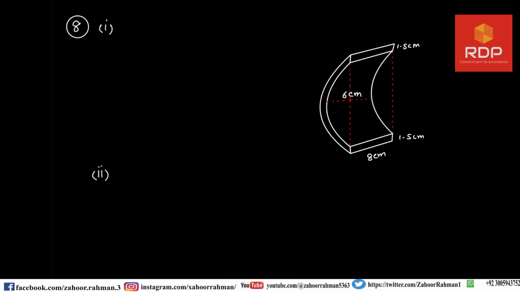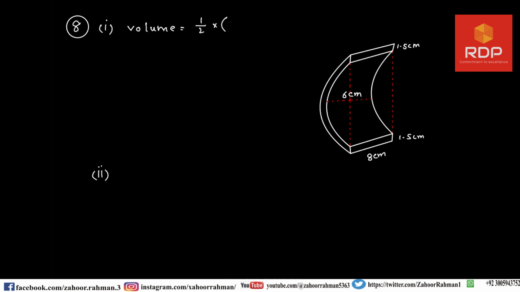Question number 8 is the final question, and that is the advanced one. There is a C-shaped solid with an internal radius of 6 centimeter and a uniform thickness of 1.5 centimeter, and a height of 8 centimeters. So we have to find the volume, and in this case volume will be equal to half of the cylinder.